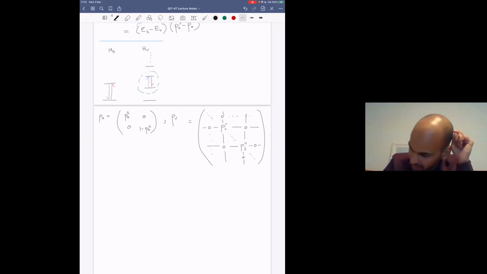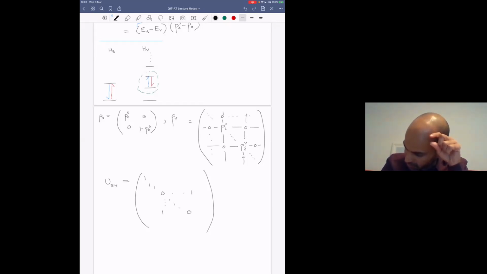Okay, and now I want to do the equivalent of the swap operation, but my swap only swaps the system qubit with just this qubit subspace. So the unitary operation is going to look like it's got ones everywhere except for these two states.